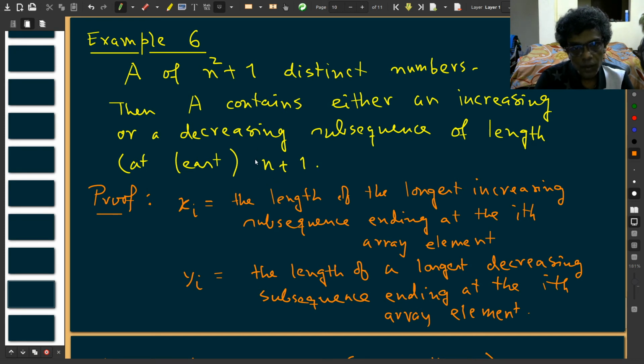Right? So if no increasing or decreasing subsequence of length n plus 1 or more can be found, each xi has to be less than n plus 1, that is less than or equal to n, and each yi should also be less than or equal to n. But every single element sequence is increasing or decreasing, therefore each xi is at least 1, each yi is at least 1.